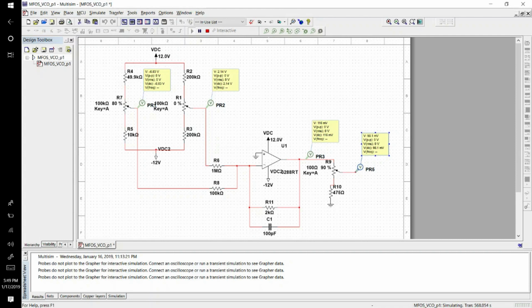So let's take a look at this Multisim simulation. This is the same part, so this is the frequency adjustment part with coarse and fine frequency adjustment, as well as the summing amplifier part. And here we have our trimming potentiometer.